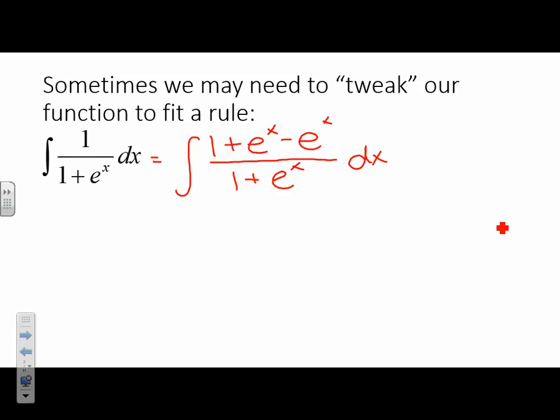What would be a good way to split this up? We have 1 plus e to the x over 1 plus e to the x minus e to the x over 1 plus e to the x. Okay. We can split right there. There's a lot of e to the x's to keep track of, right?